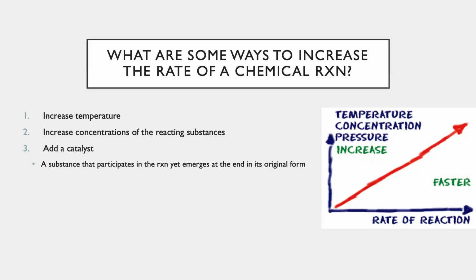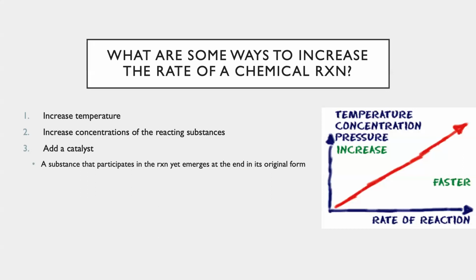We can also increase the concentrations of reacting substances, but again, this may not be viable for the cell because some of those reacting substances may not be available. It can disrupt homeostasis, and there's also a space limitation, so there may not be enough space in the cell for all of these increasing concentrations.